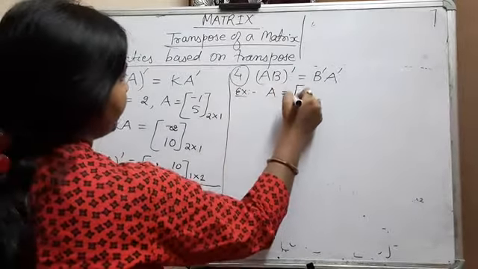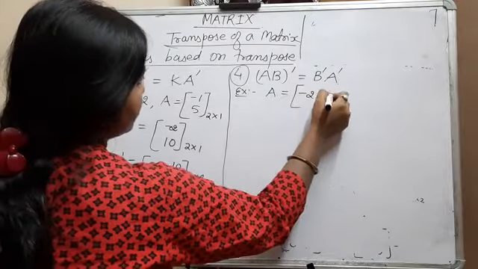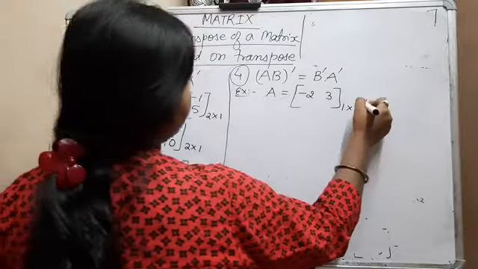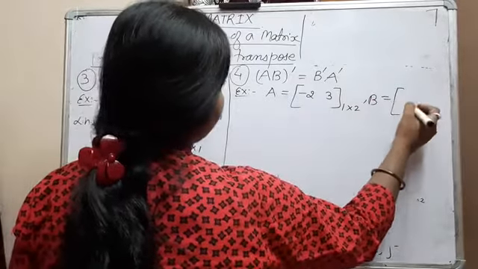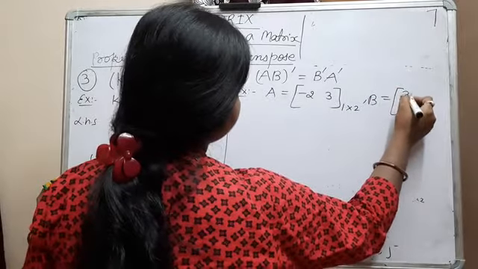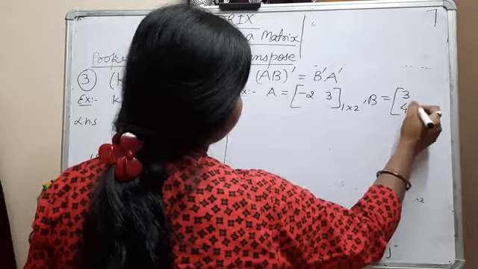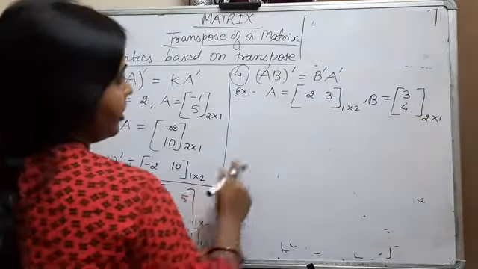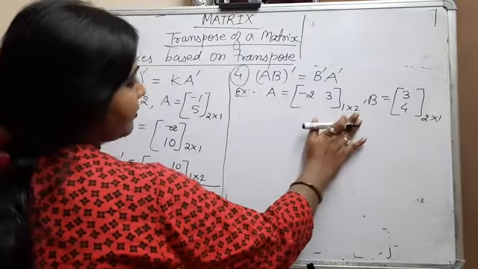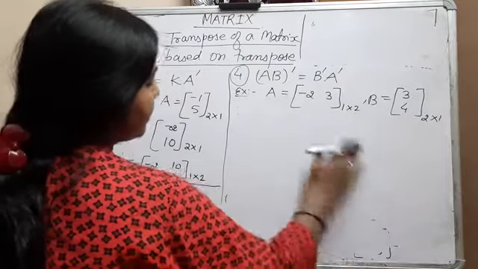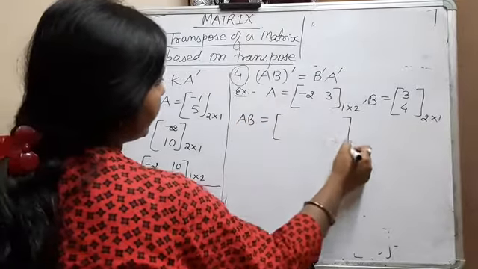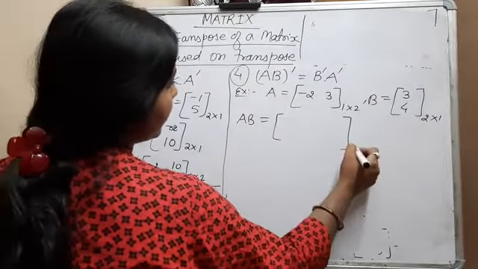A is minus 2, 3, meaning 1 row and 2 columns. B I am taking as 3, 4, 2 rows and 1 column. Now we can find the resultant A into B, which will be of order 1 by 1.